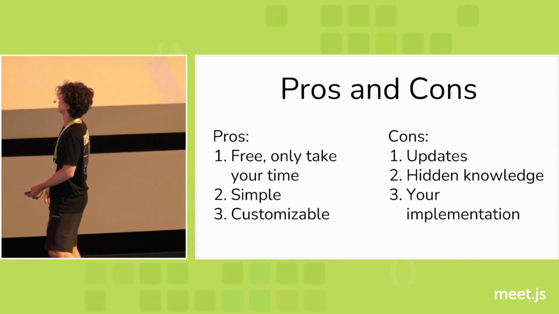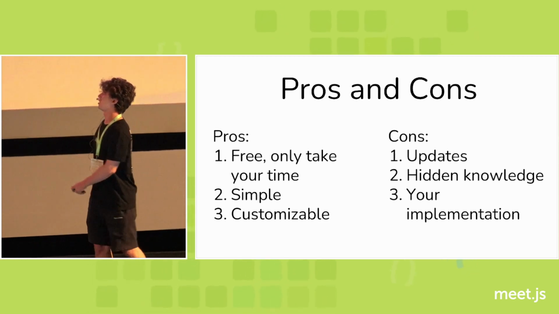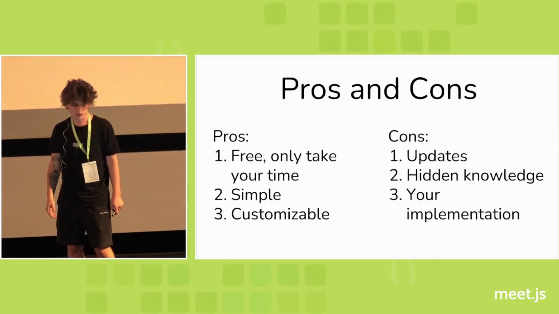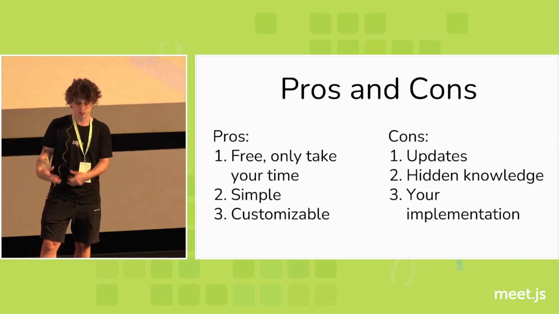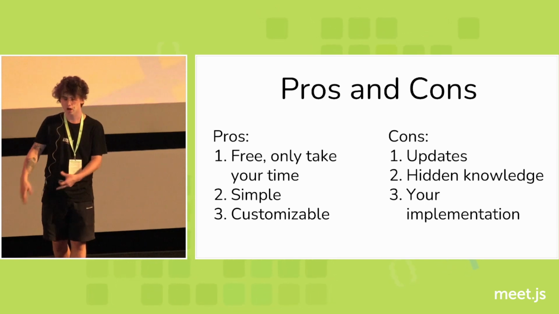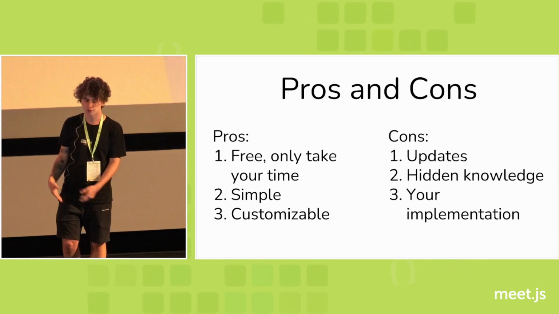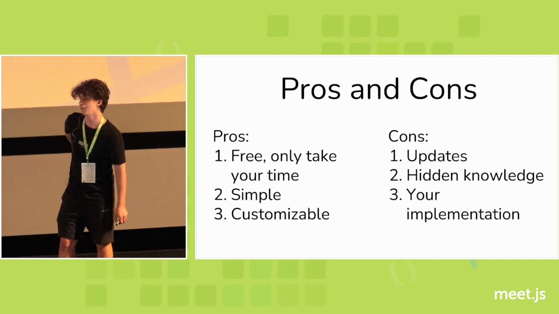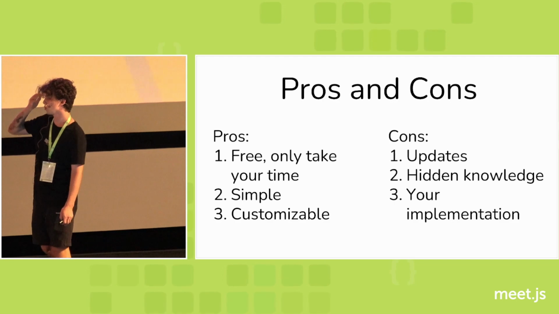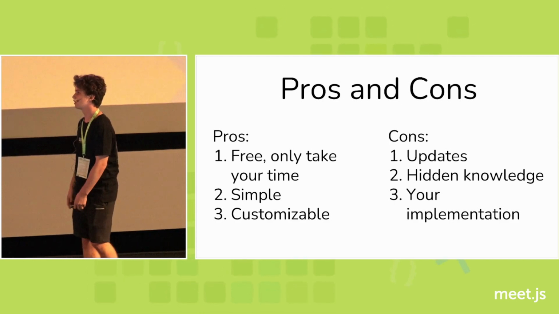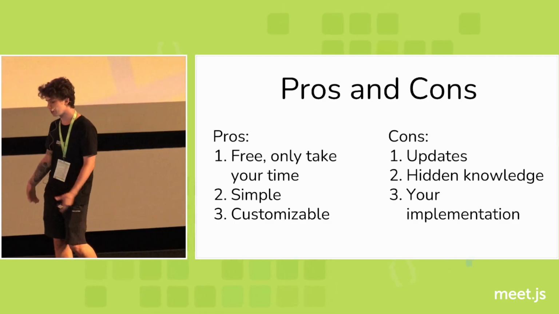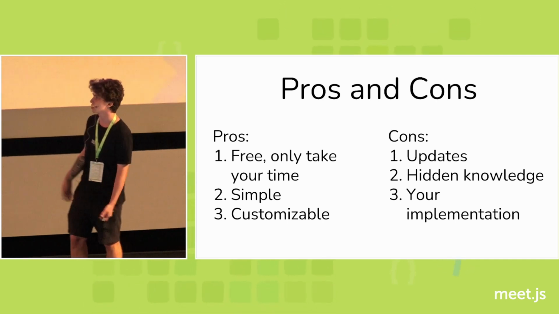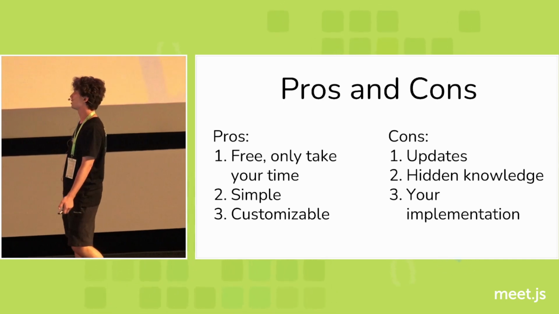The cons: NX updates their repository frequently, so you need to stay in touch with their updates, and if they change their API for remote cache, you need to change it too. This is hidden knowledge. As you saw, you probably need to download their repository and search for the information inside their code, because they didn't describe this information in their documentation, and that's a problem.